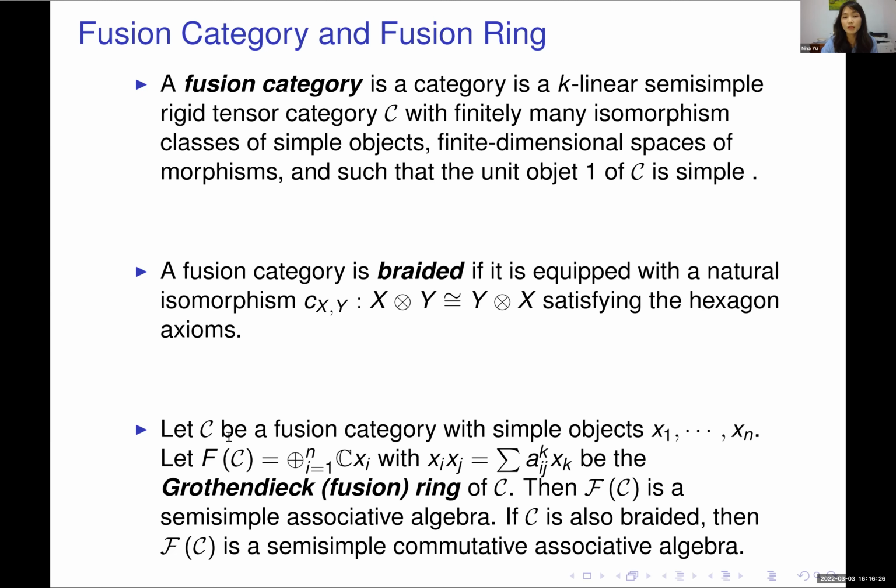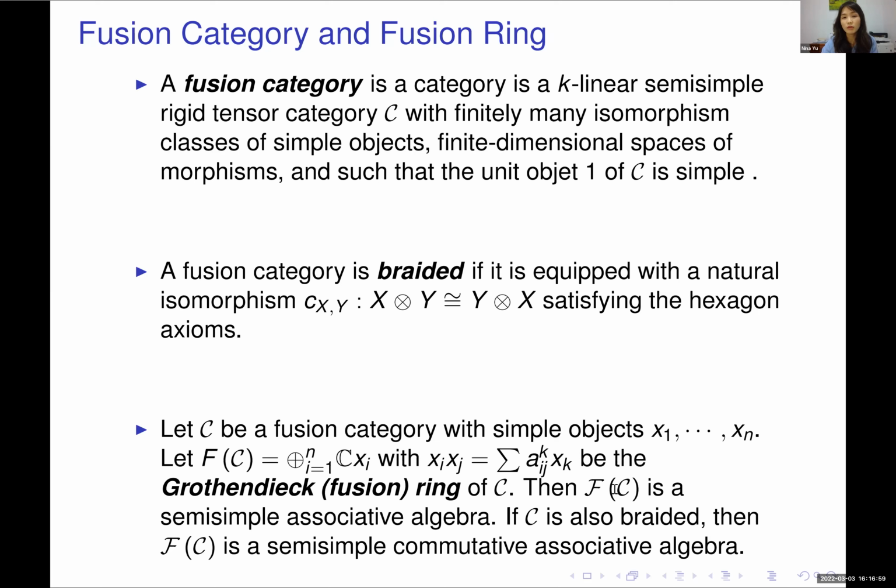If we assume that C is a fusion category, then there are only finitely many inequivalent simple objects, and we write them as x1 to xn. Then associated to this fusion category, there is a fusion ring, whose basis elements are the simple objects, and the product is given by the tensor product. Here those N_{ij}^k are just the fusion rules. This is called a fusion ring.